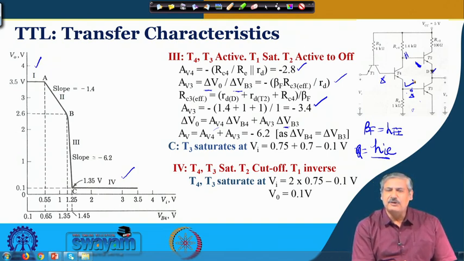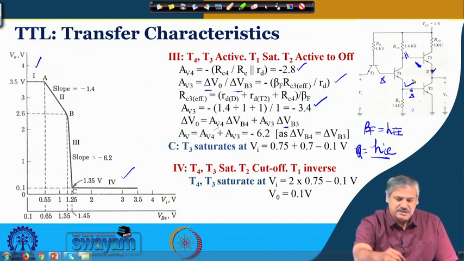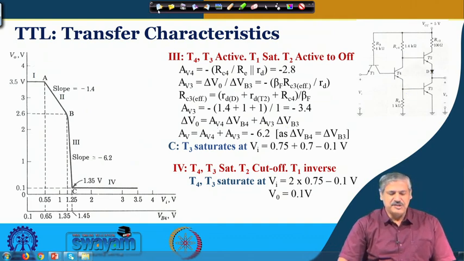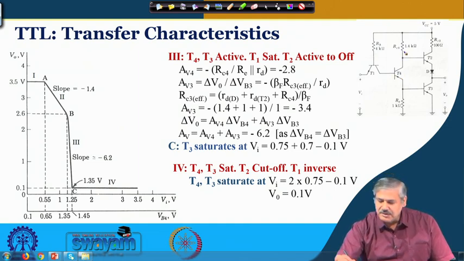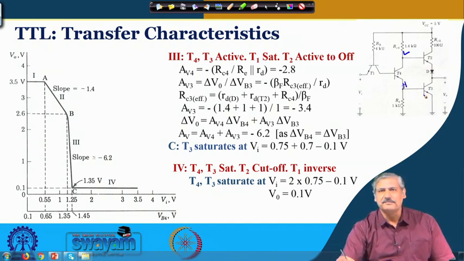In region 4, this is in saturation. So, this time this is low in terms of making these two transistors on, and this is high in terms of making this transistor on. So, this transistor is on.